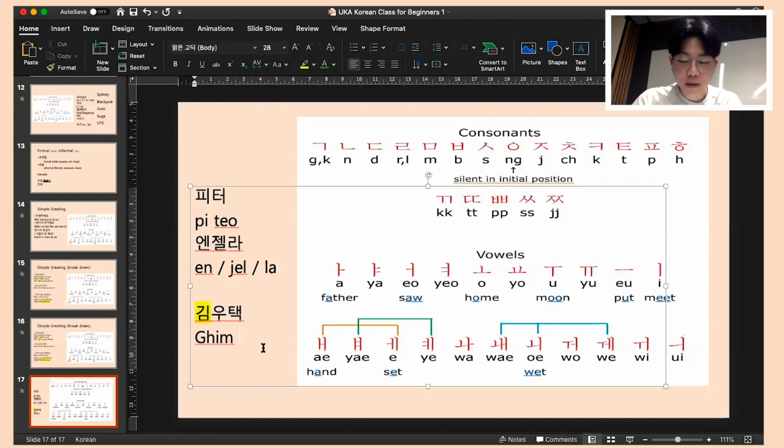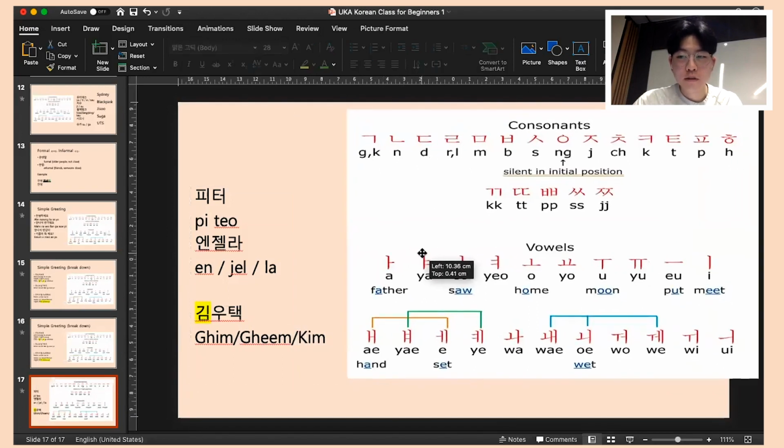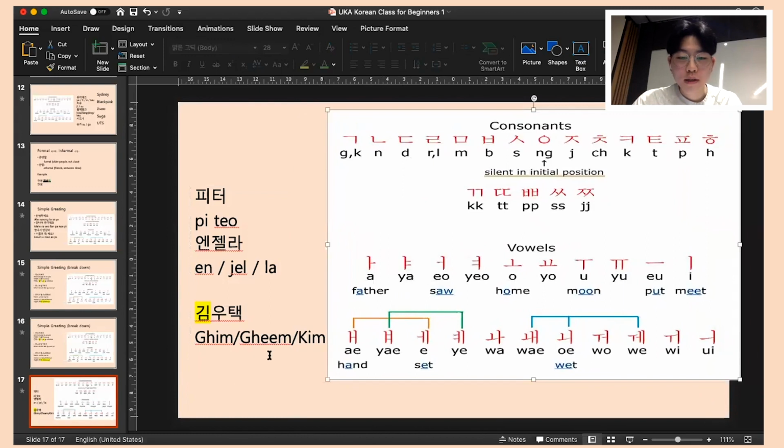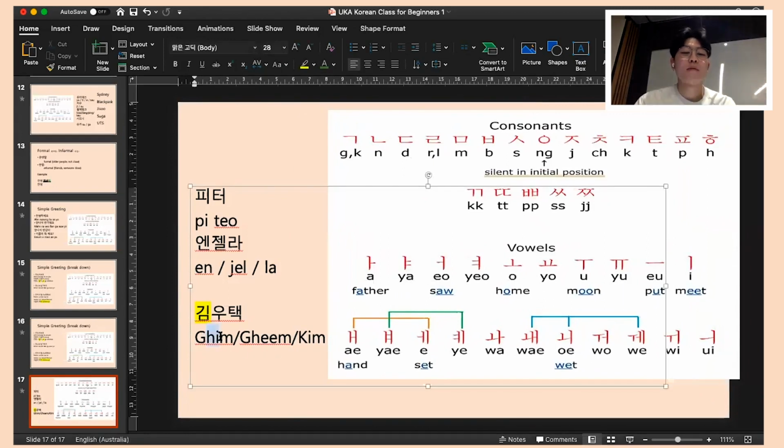I've seen some Koreans use this. I don't know why, but here are 3 ways Koreans write Kim. I think pronunciation-wise, this is correct, Kim. So G, I, M, Kim, and the silent sound again.